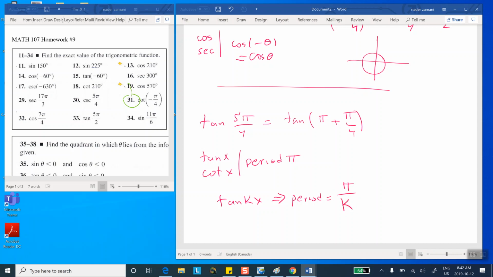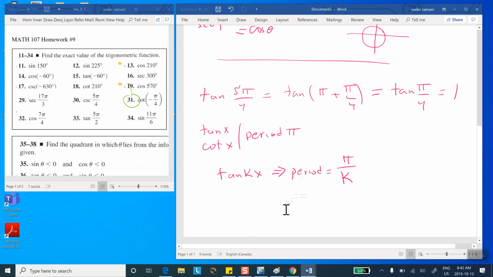Do you remember that? So when k is 1, like when I talk about tangent of 1x, the period is pi. So this being the case, I can write this thing as tangent of pi over 4, and hopefully we all remember tangent of pi over 4 is 1, because it's sine of pi over 4 over cosine of pi over 4, and they're both the same thing, root 2 over 2.